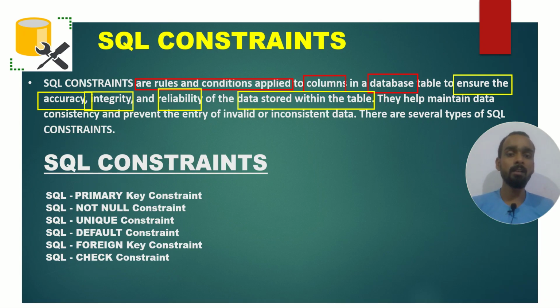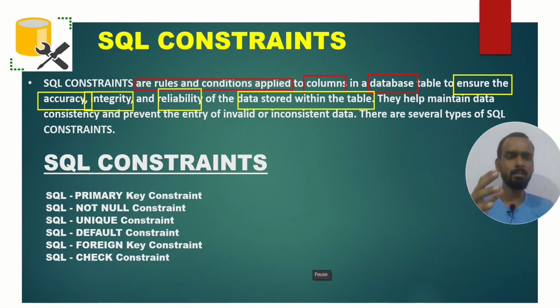Whenever we put any kind of constraint, it provides a limitation, and whenever it gets violated, for example if I have defined a primary key for a particular column and someone tries to put a duplicate value, it will throw an error. This accuracy, integrity, and reliability comes from constraints. These are the basic key features of constraints.